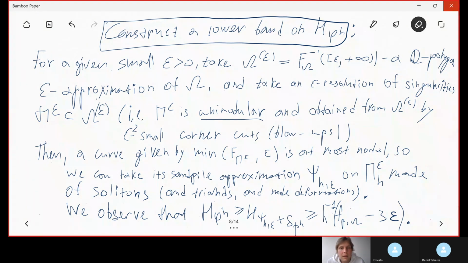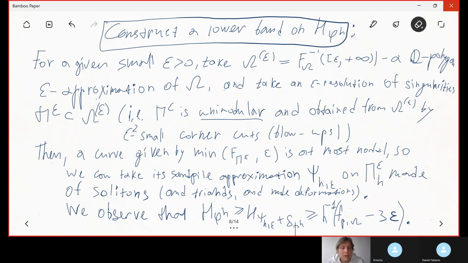So, for example, if you take a generic polygon which is not a Q polygon and go for these epsilon level sets, it will be quite singular, but only with A_N singularities. So we actually need to do blow-ups. So we need to subsequently decrease the domain. So we cut the corners in a quite standard way.